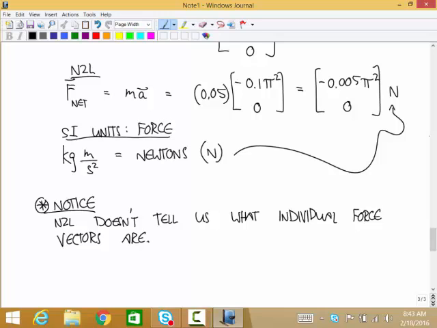It only tells us what the sum of all the force vectors is equal to. So it only tells us about the sum of all the force vectors.